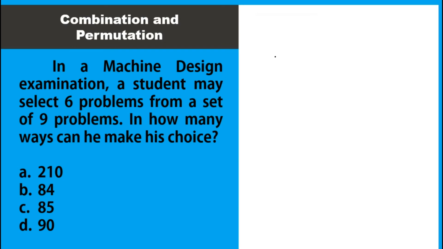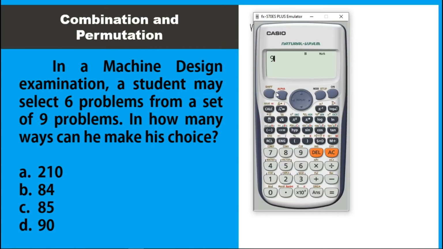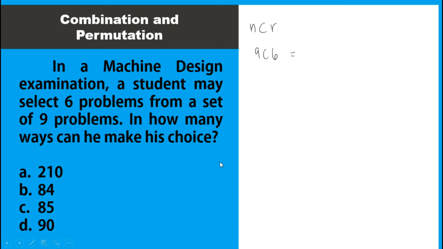So as you have 9 shift divide 6, that is 84. So we have 84 ways you can choose 6 problems out of the 9 problems in a machine design exam.